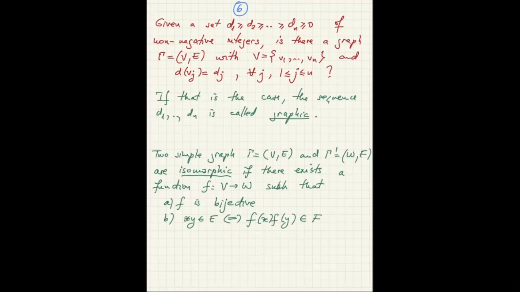So because of if and only if, what it means is that F maps edges to edges. So when I mean edges, edges in gamma to edges in gamma prime, and non-edges to non-edges.